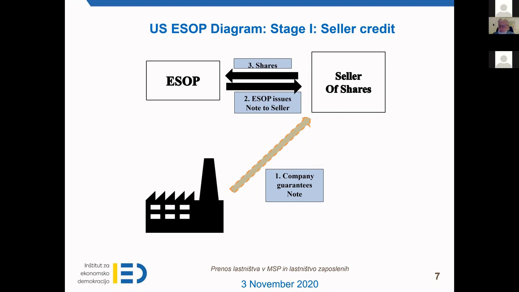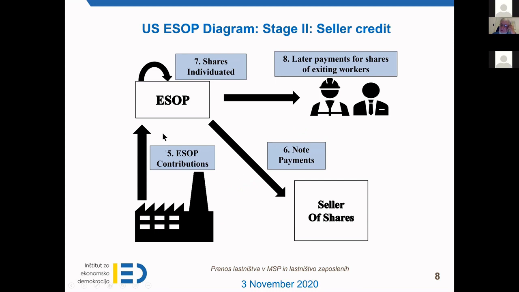So it's like the shares are suspended and are not individually owned. And then, as I have here in the next slide, as you make the ESOP contributions from the company to the ESOP, the note payments pass right through to the seller, but it's at that time that the shares are individuated. So each time period, say yearly, the shares equal in value to the note payment are individualized into the workers' individual accounts in the ESOP.